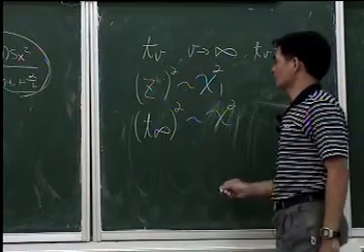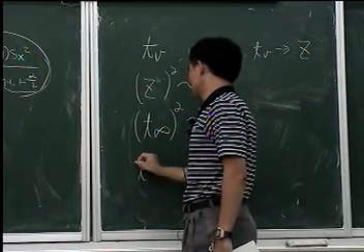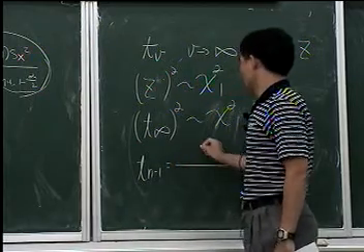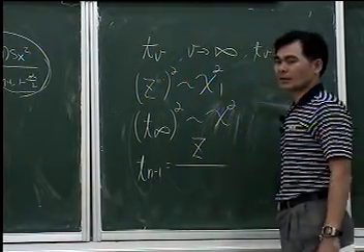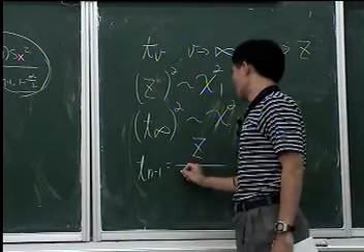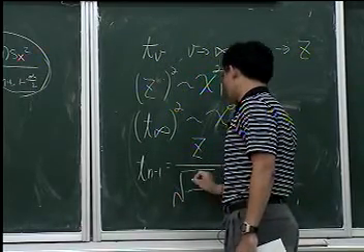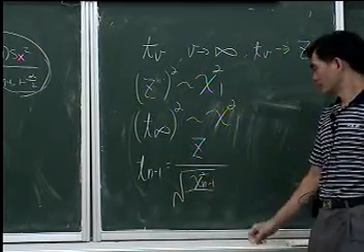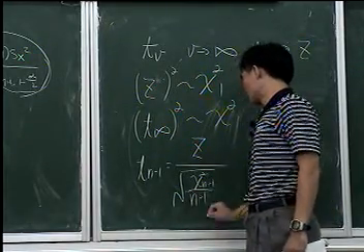And in this case, t distribution with degrees of freedom n minus 1 is equal to z, standard normal, divided by the square root of chi-square distribution with n minus 1 degrees of freedom divided by n minus 1.